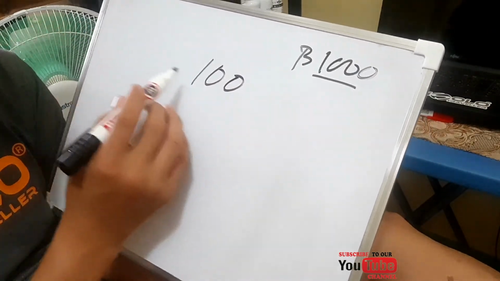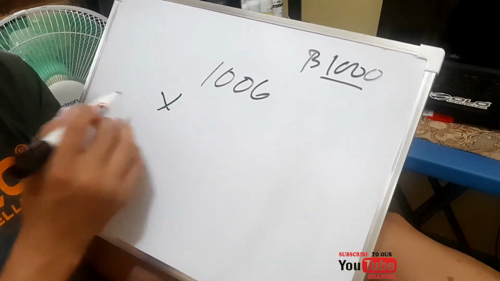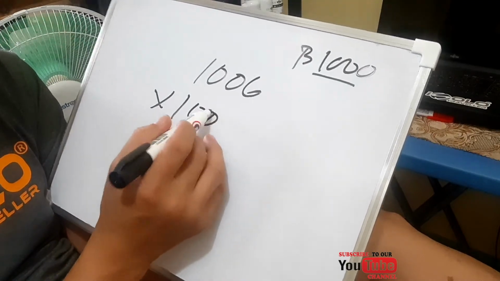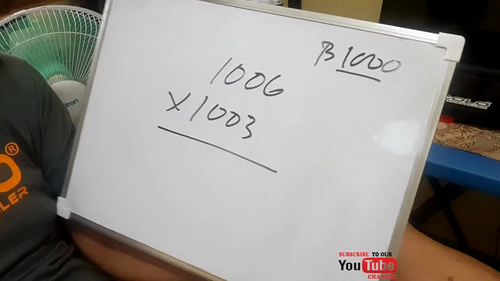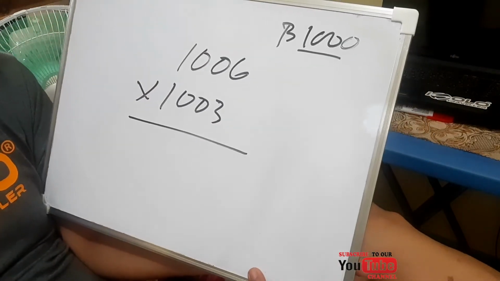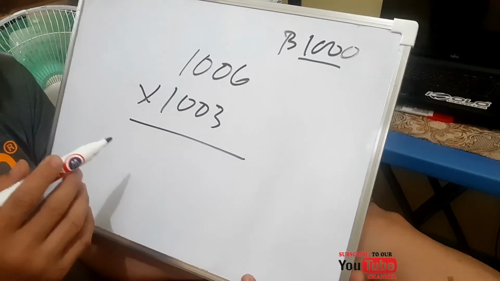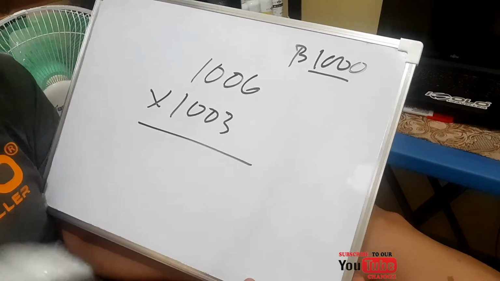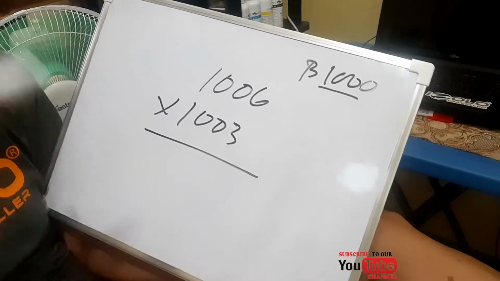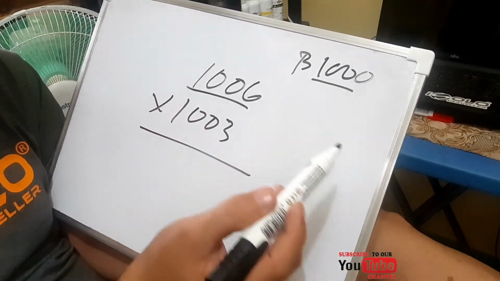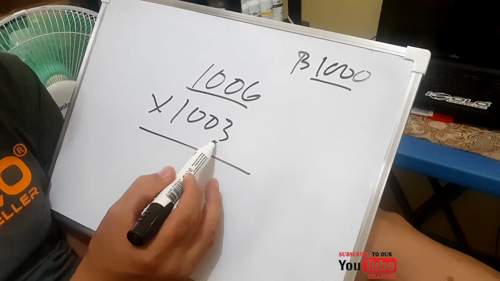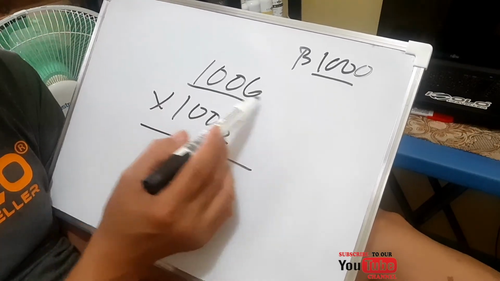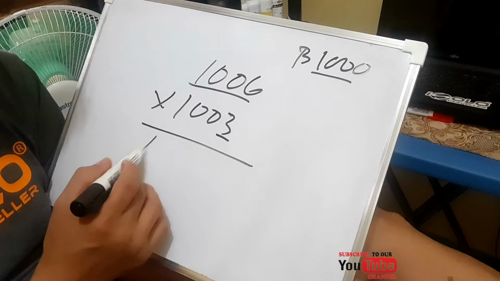1006 times 1003. Oh, come on. You're now multiplying a 4-digit number with a 4-digit number, and you will be answering this in a few seconds only. Okay, the technique that we will be using is the same. Add this entire number to 3. 1006 plus 3 is 1009.